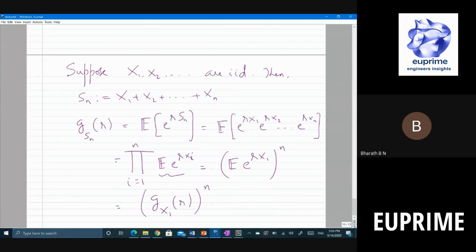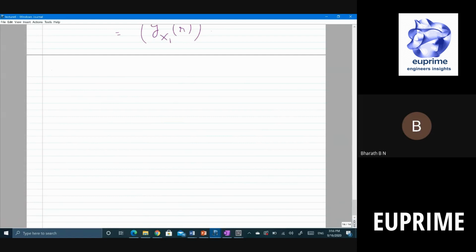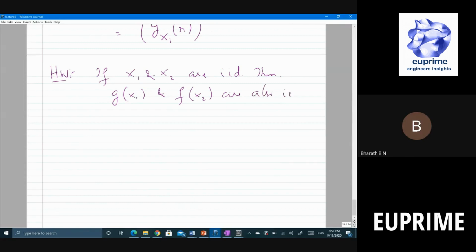Now we have looked at two things, so I'll give that as a homework. If x1 and x2 are IID, then g of x1 and f of x2 are also IID. Here g and f are any two functions.